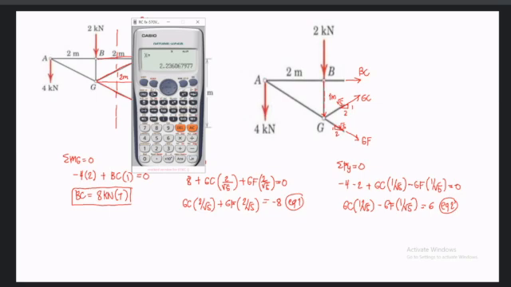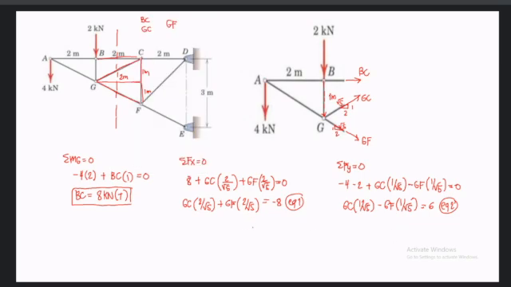So that's 2.24 and then that's negative 11.18. Okay, master na ni Clint yung 2 equations, 2 unknowns. No? So that's 2.24 and then negative 11.18. Okay, so this is tension and then this is compression.